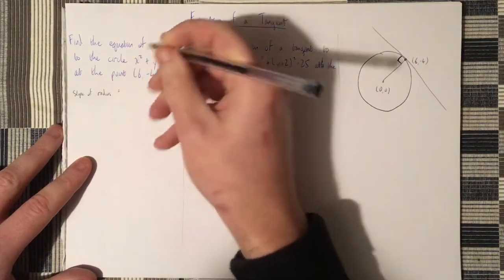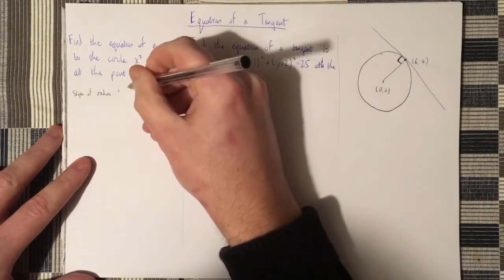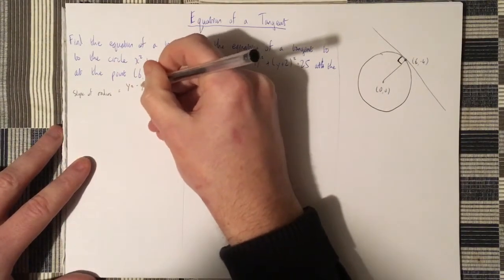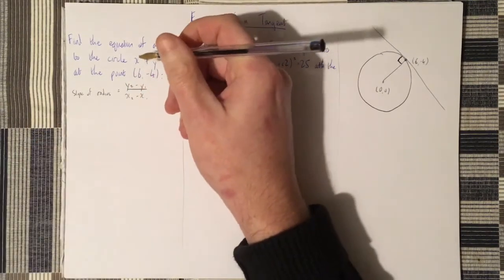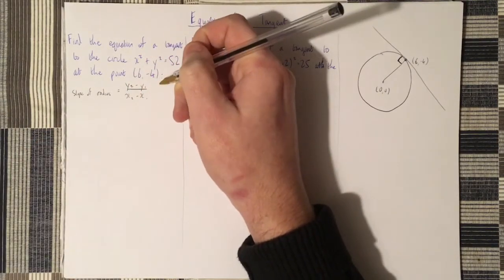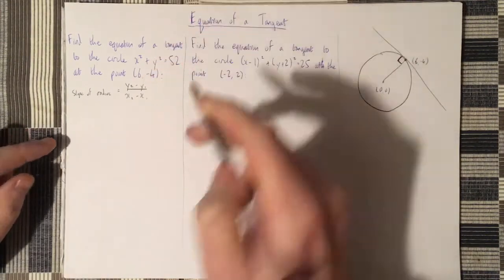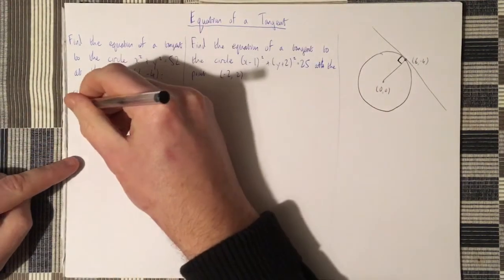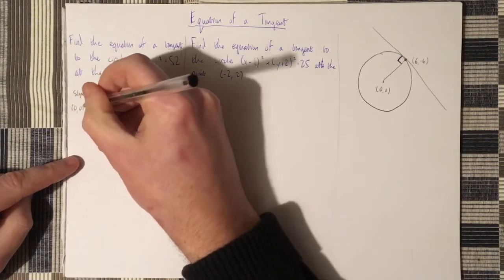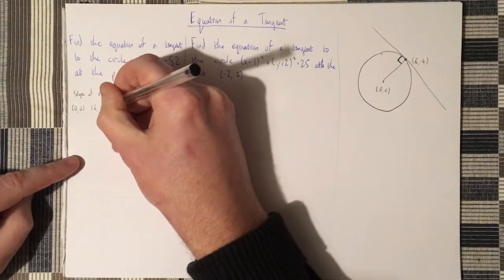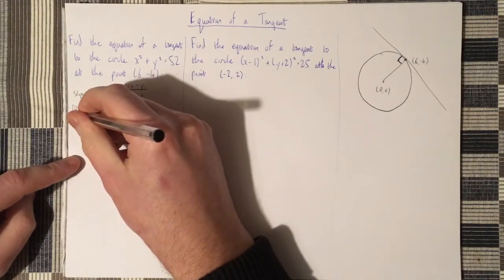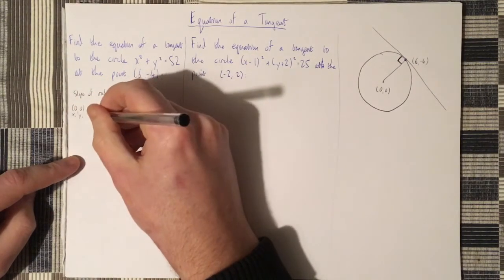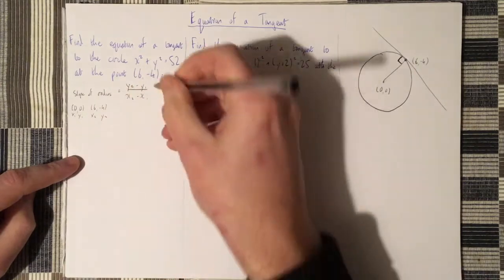The slope of a line is y2 minus y1 over x2 minus x1, again a formula from coordinate geometry of the line. What are my two points? They are (0, 0) and (6, -4). I'll call the first x1, y1 and the second x2, y2.